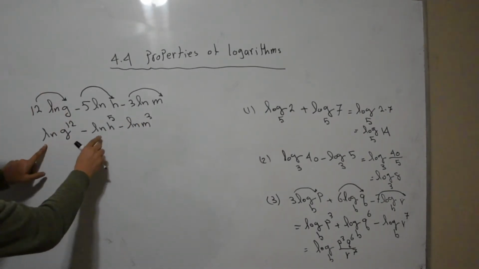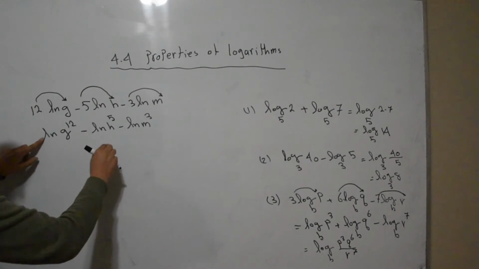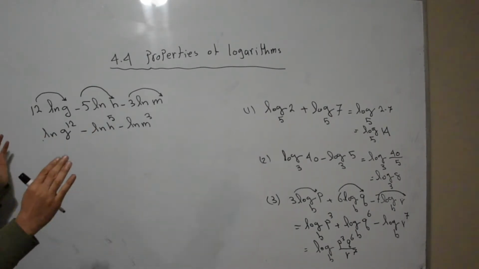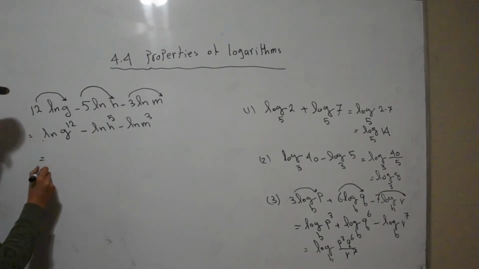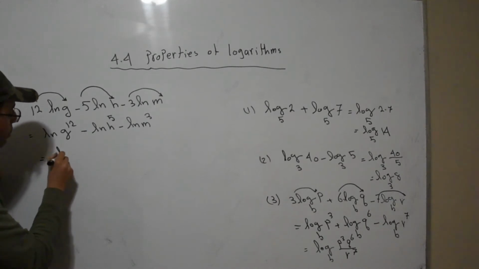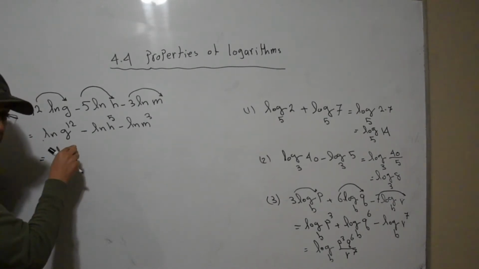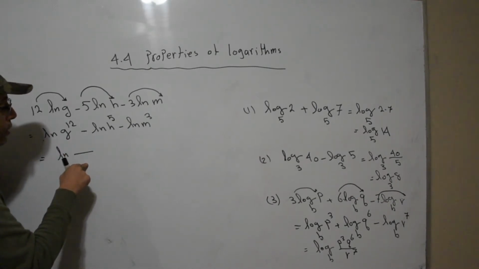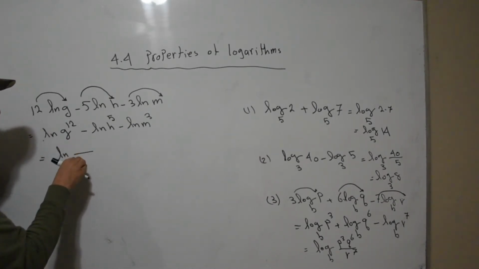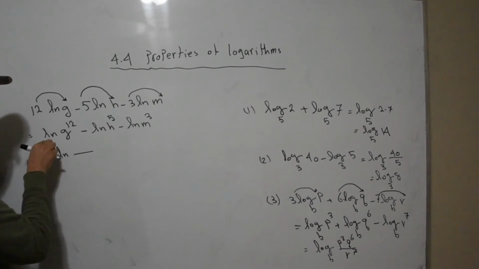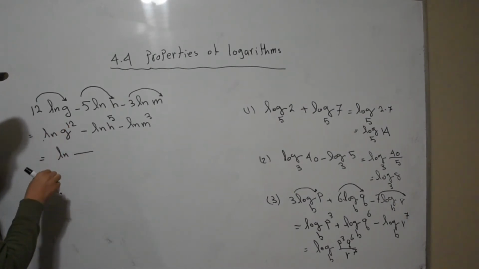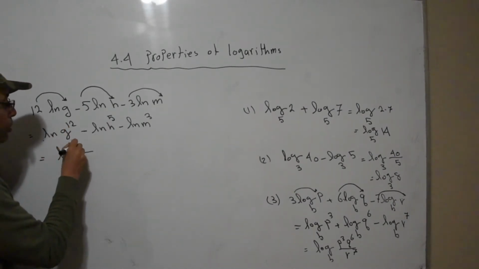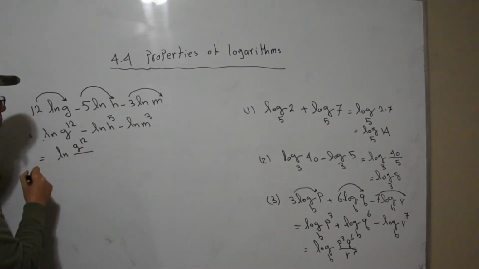Now, same base, same coefficient, and the coefficient is 1. And now we can combine them together. Okay, so I have the natural log. The positive goes to the top, and the negative goes down, or in the denominator. So natural log g to 12 is positive, so g to 12 goes to the top.